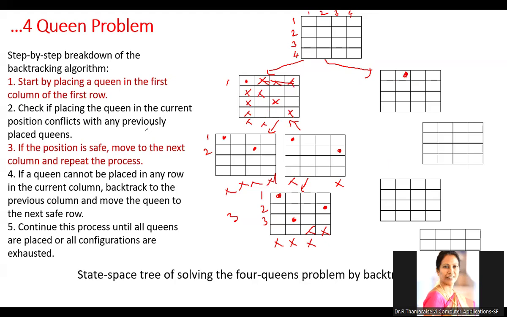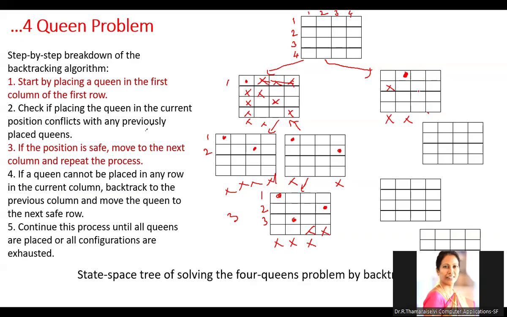So this is the first queen. Now where does the second queen have to be? Is it possible to place it in the first column? No, it is not, because of the diagonal. And of course this is not possible because this column already has a queen.